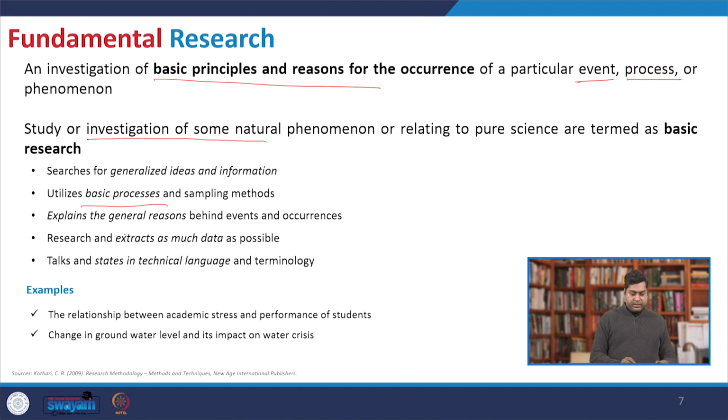It explains the general reasons behind events and occurrences, why it is happening. Research and extract as much data as possible, and try to find out the particular reason for it. Here you need to communicate in technical language that these are the new findings in that particular field.